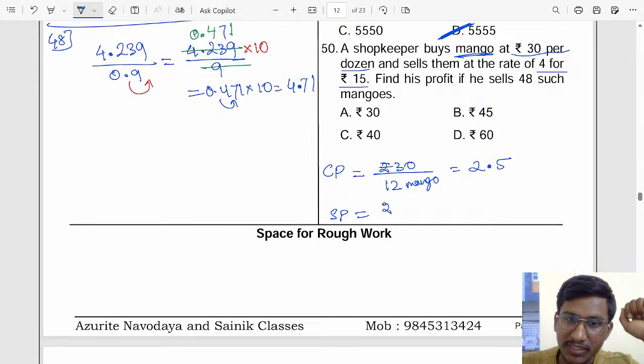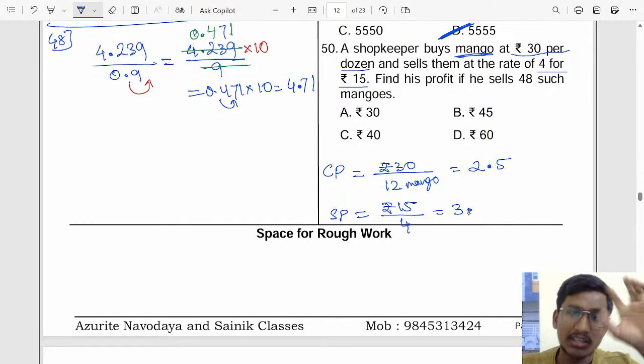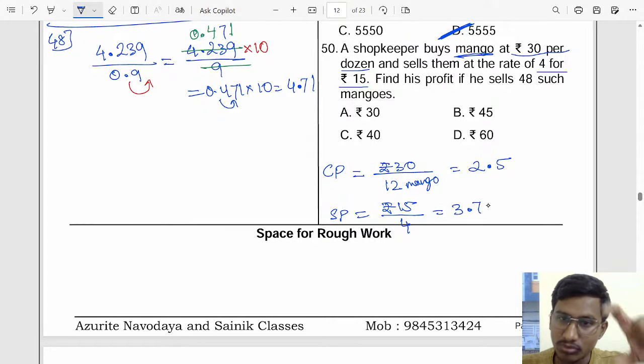So rupees 15 for 4 mangoes, if you divide by 4, the answer will be how much? 4 3s are 12 and then remaining will be 3, so it will be 30, and 4 7s are 28, 2 remaining 20, and 4 5s are 20.